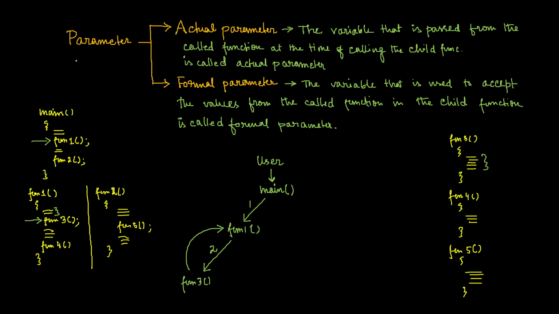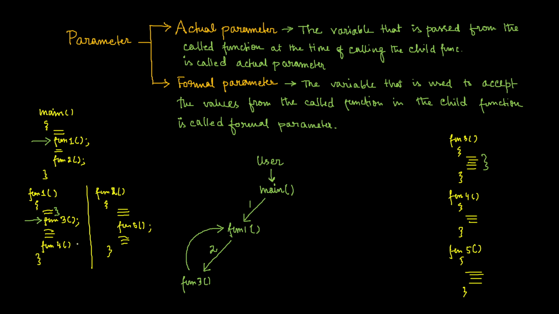So according to that logic, function 3 must return the control to function 1. Because if function 3 does not return the control to function 1, then function 4 will never execute, because function 3 has not called function 4.